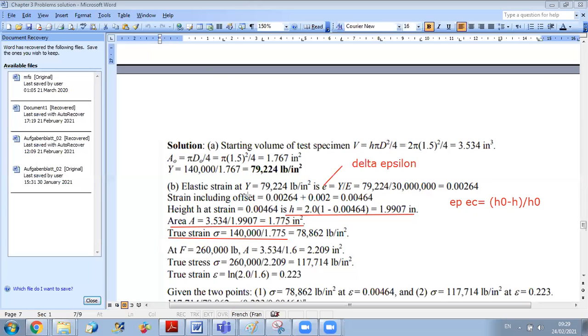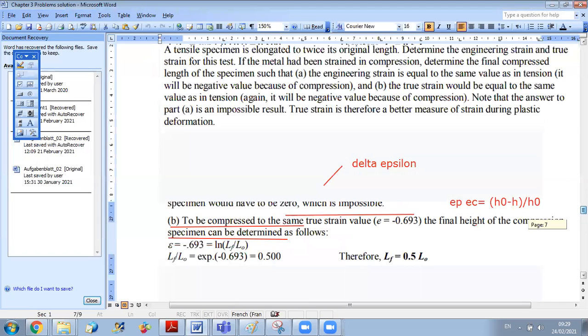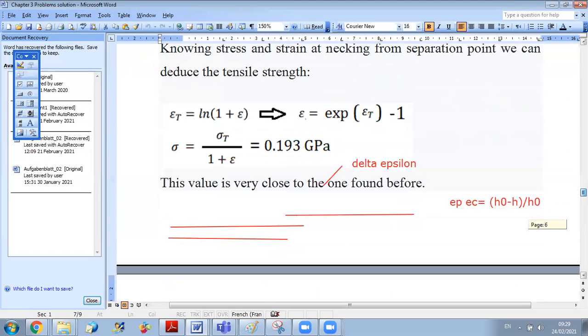Now, as your colleague said, if you don't want to find the corresponding area, you can directly apply the relations between true stress and engineering stress, the relations we saw last time. You have that epsilon true is ln of 1 plus epsilon engineering.